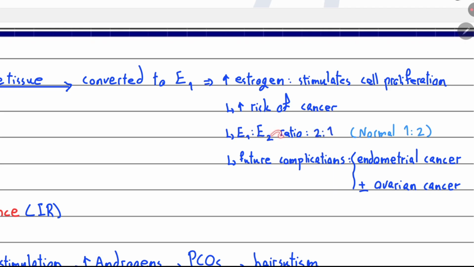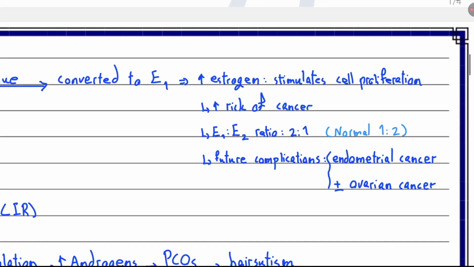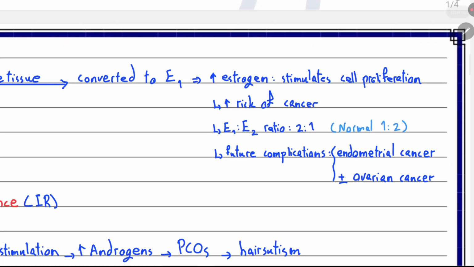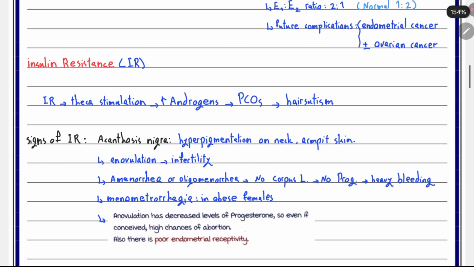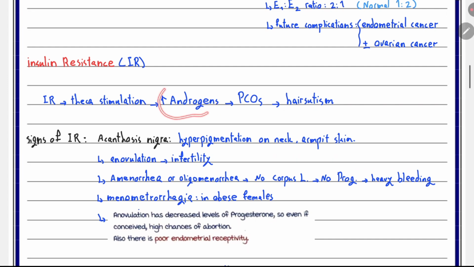E1 and E2 are different forms of estrogen that we can see in patients, and of course in the future they will have some kind of complications like endometrial cancers or ovarian cancers.